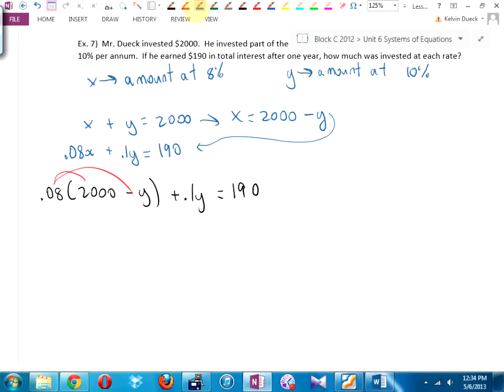Is that going to be 160? Someone double check me. Yes. It is? I can do decimals in my head. It's 2 times 8 is 16, and then just figuring out how many zeros I gain and lose to get the 160. It's not as hard as it looks. Anyways, 160 minus, what's 0.08 times negative y? 0.08y. Yeah, 0.08y plus 0.1y equals 190.